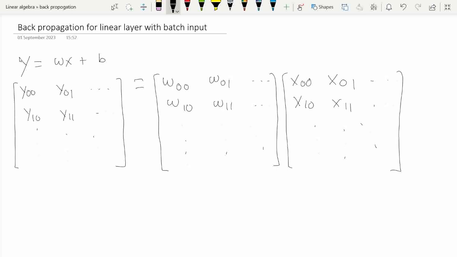And then I'm going to use this cross symbol to mean broadcasting the addition across the matrix, which you'll see what I mean now. B 0, B 1, and so on.